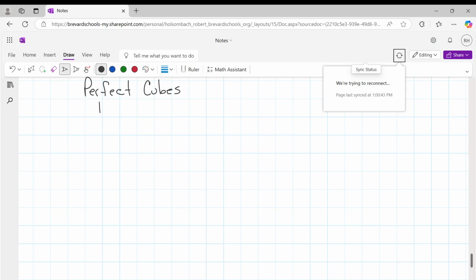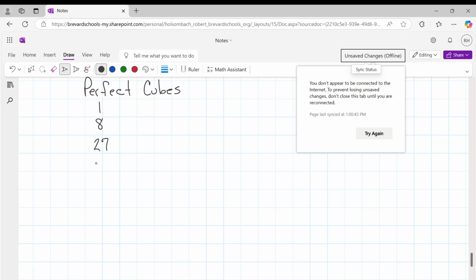And I'm struggling right now to find it on my calculator. All right, I'll find it here in a minute. But your second perfect cube is going to be 2 to the third. 2 to the third is 8. Okay? Your next perfect cube is 3 to the third, which is 3 times 3 times 3, which is 27. The next perfect cube would be 4 to the third power.